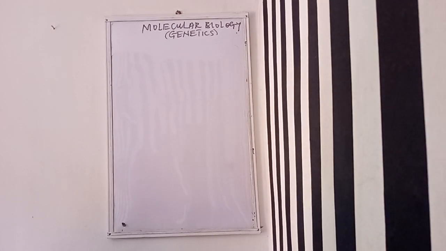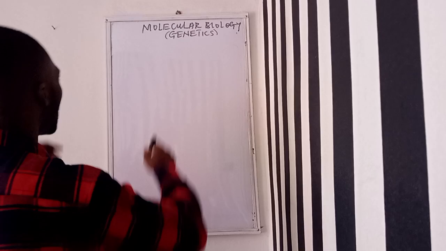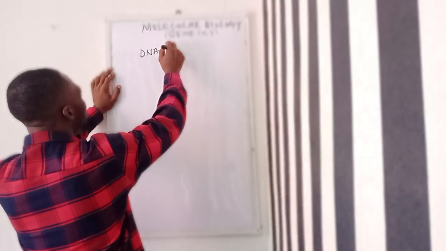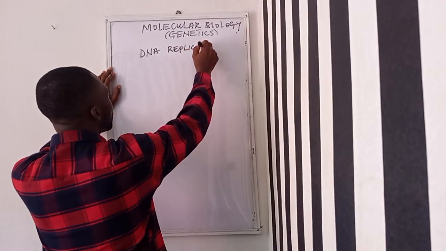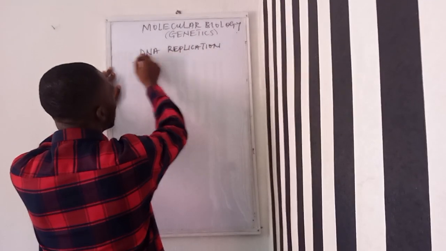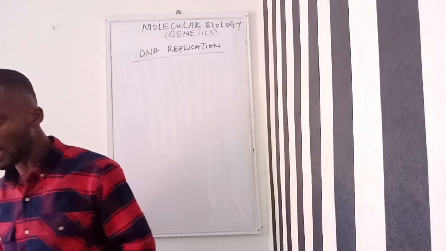A minute, this is 33 minutes, so let's see how far we can go. So we want to look at how the DNA replicates, how the DNA produces exact copies of itself.